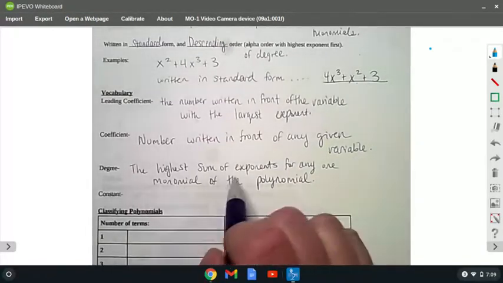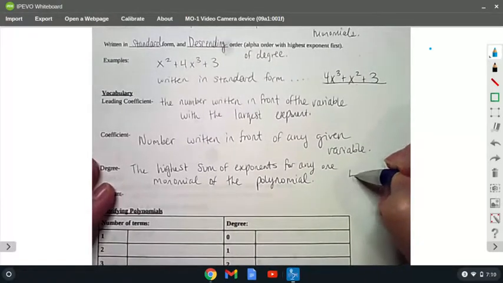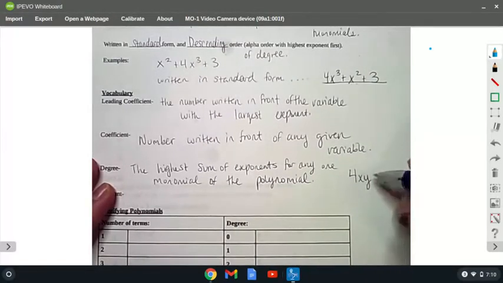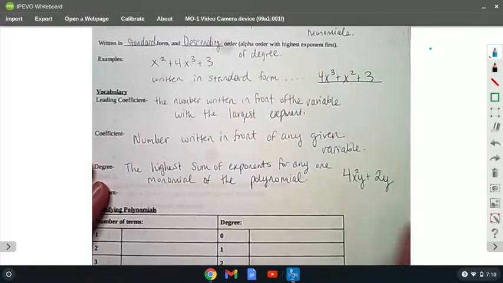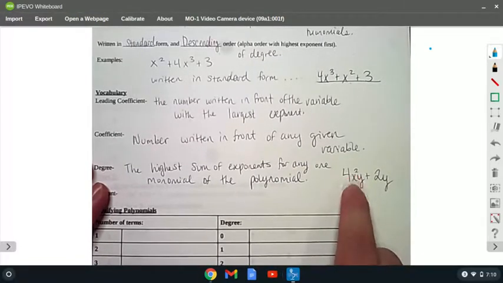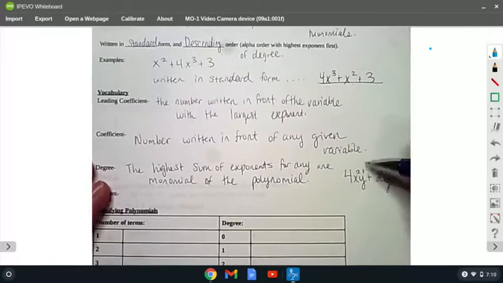When they say the highest sum, they're kind of talking about if I had a polynomial like this. Okay, the biggest degree I have here is 2, but because the variables are attached, you would actually add these together, 2 and 1, and it would be a degree of 3.